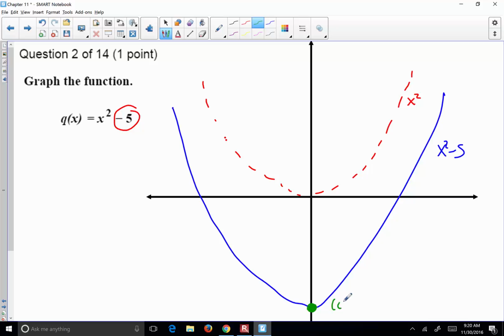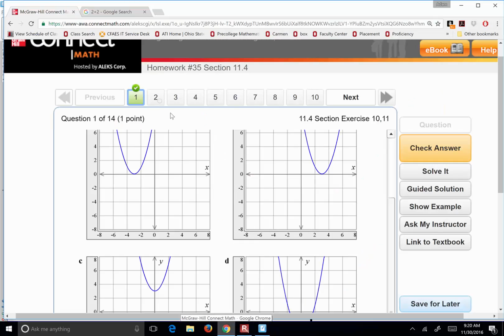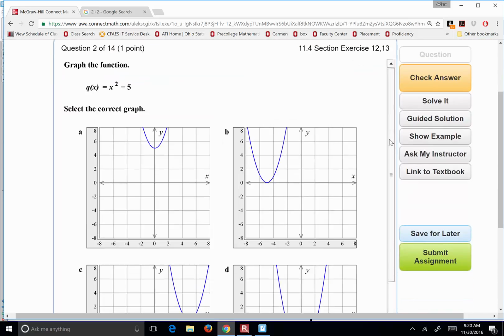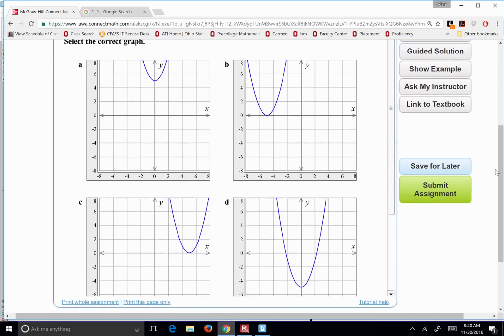This is at 0, -5. Or simply it's -5 on the y-axis, right? Okay, let's pick the right choice. What option? D. Not this, not that, not that, D.